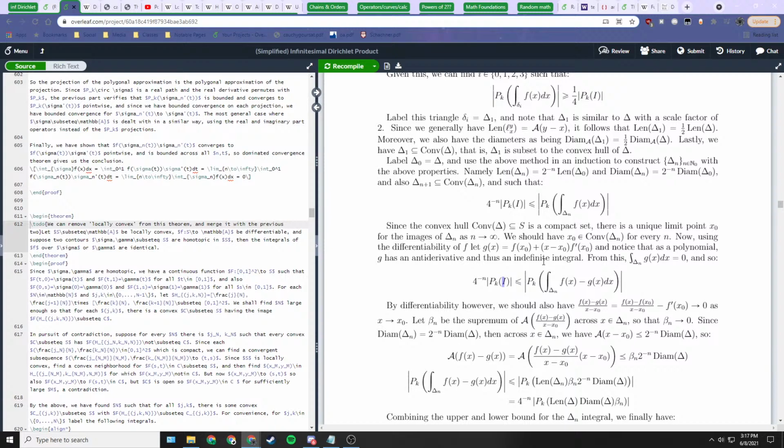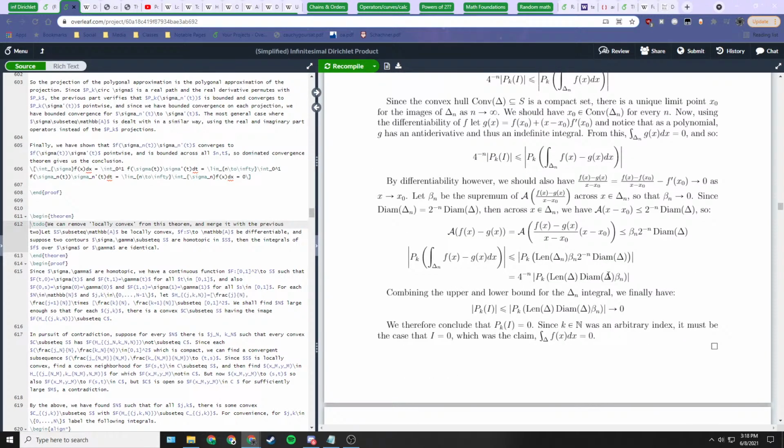The perimeter should be decreasing proportionally, linearly really. So as we decrease the diameter linearly, the perimeter also decreases linearly.